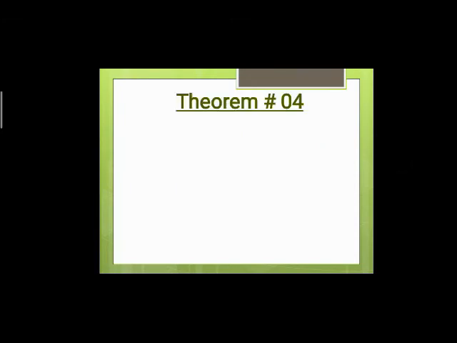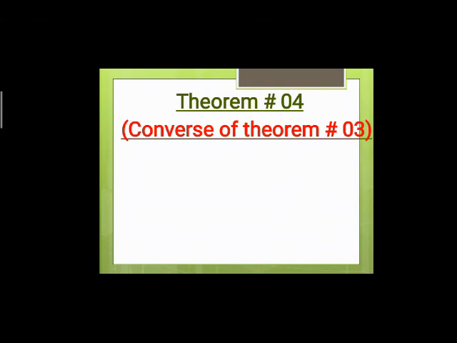So here we have theorem number 4, the converse of theorem number 3. First we recall theorem number 3: if a transversal intersects two coplanar lines, then the vertical opposite angles are congruent, which means both lines are parallel.